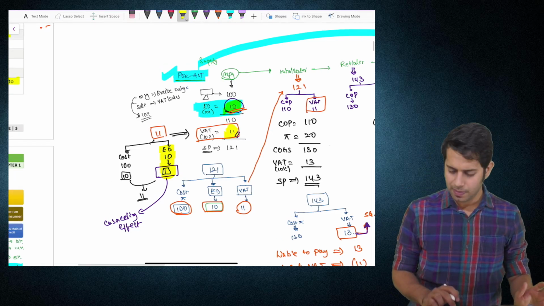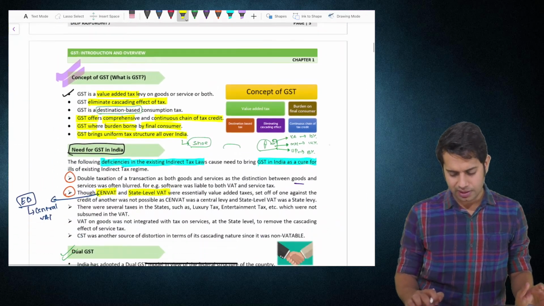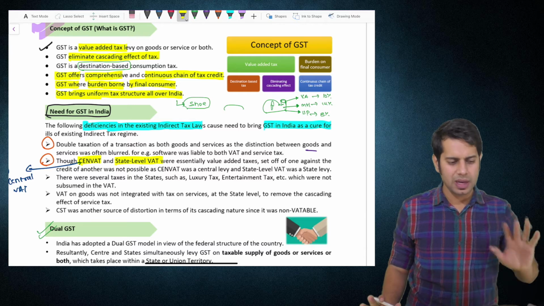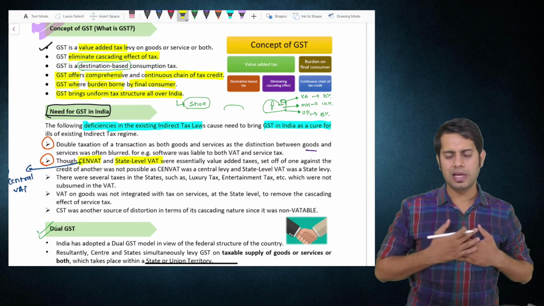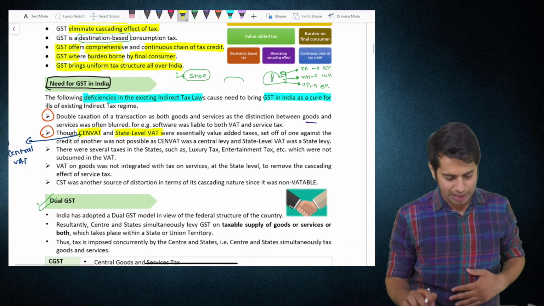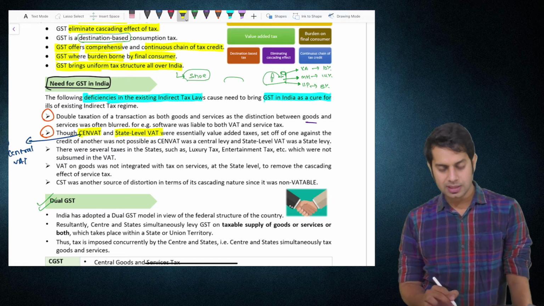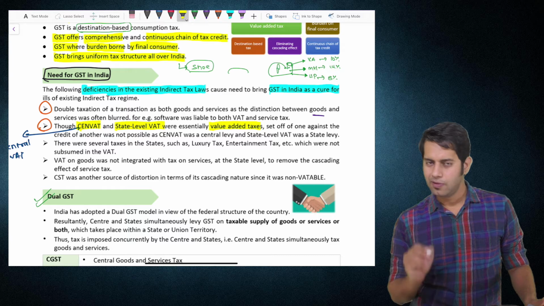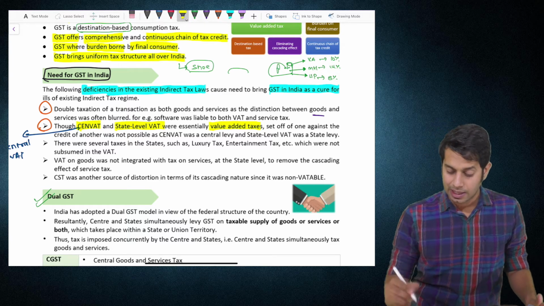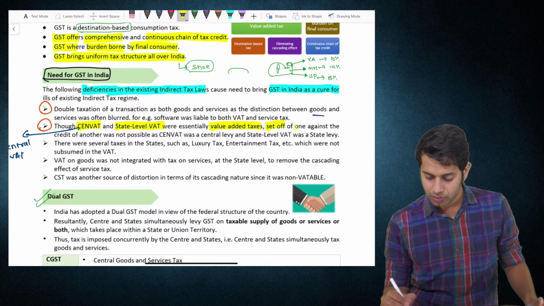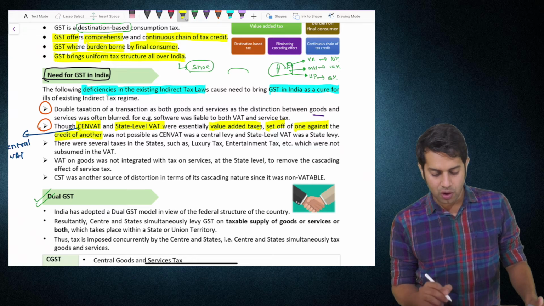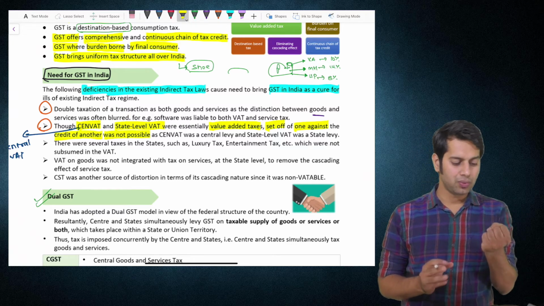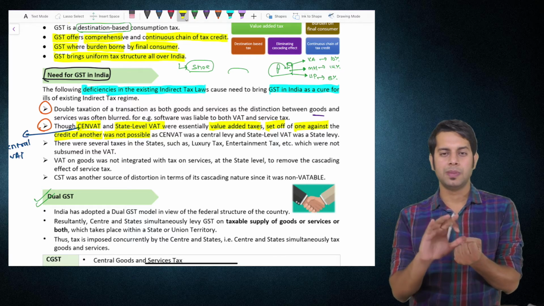Because they were telling, see sir, central government is central government, state government is state government. Central government wants its own tax, state government wants its own tax. So CENVAT and state VAT were both essentially a value added tax, but the set off of one credit against another was not possible at all.